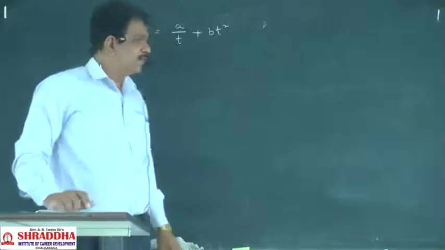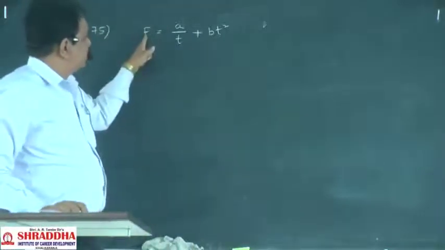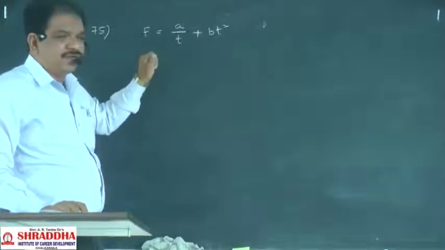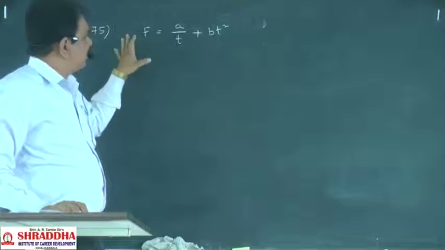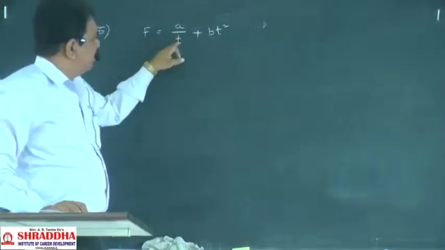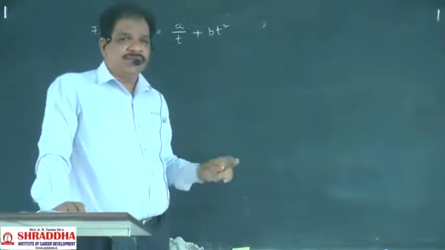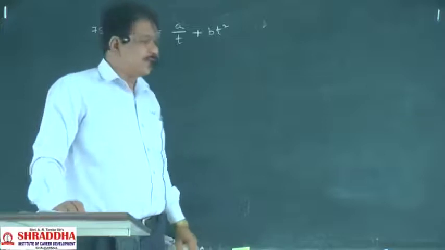Okay, listen. According to the equation, the dimensions of F, A by T, and BT square will be the same.